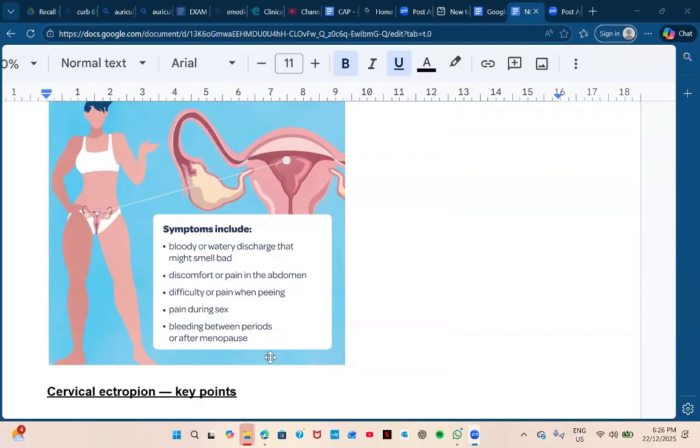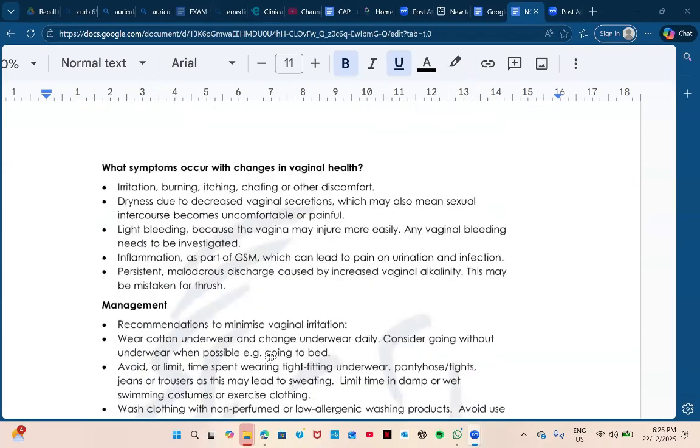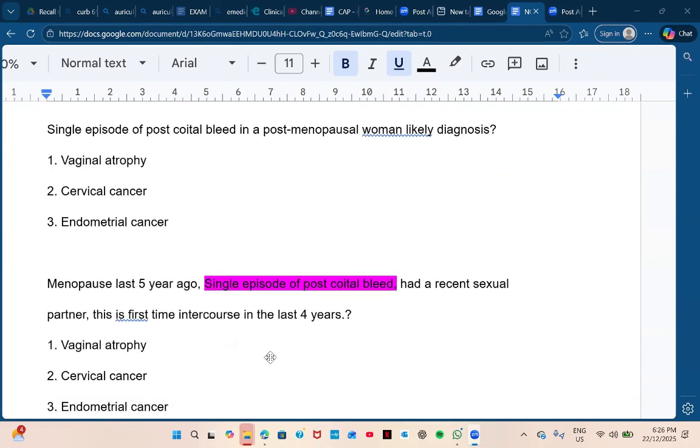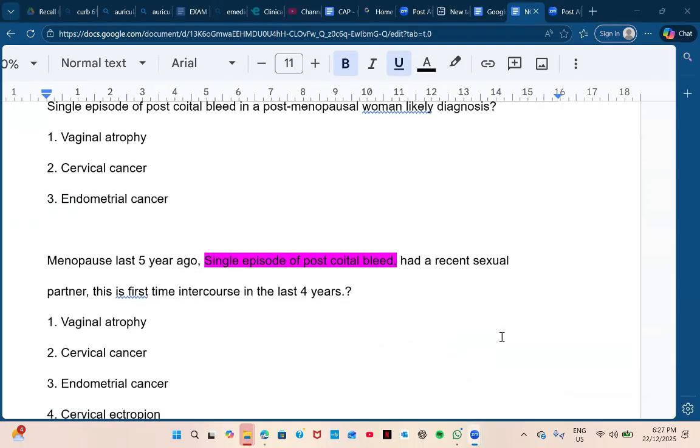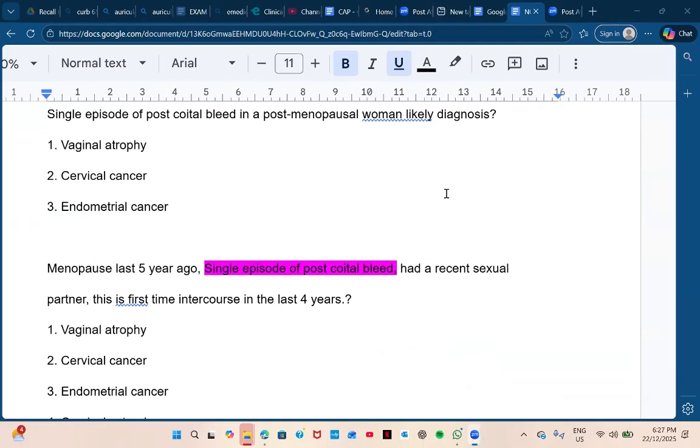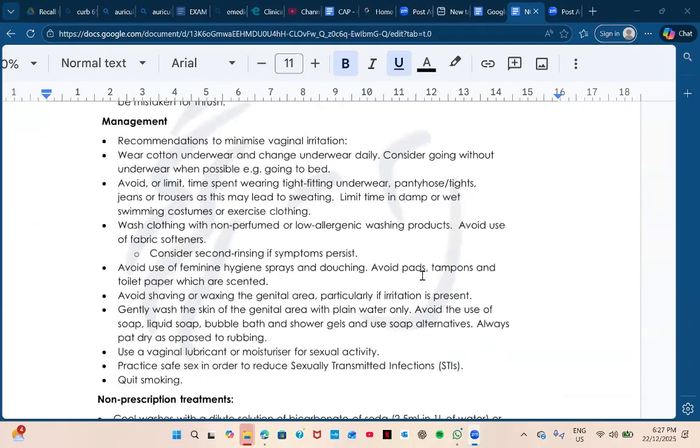So our patient has only one episode, right? Because our patient is postmenopausal. Here they have mentioned 5 years ago, and she's not taking any hormonal therapy or anything. So in that case, it can be due to the dryness, right? So the same thing.